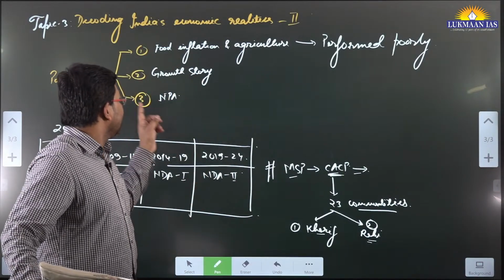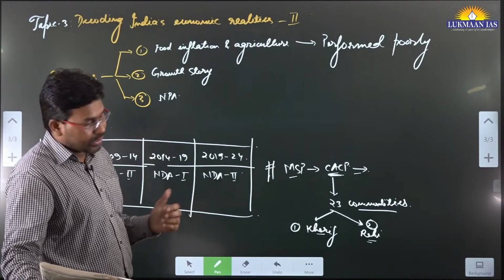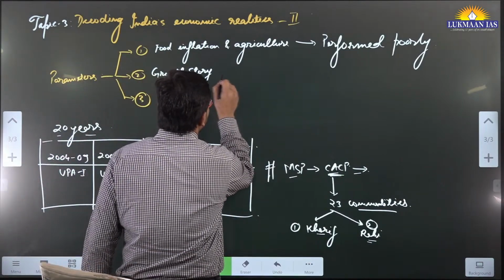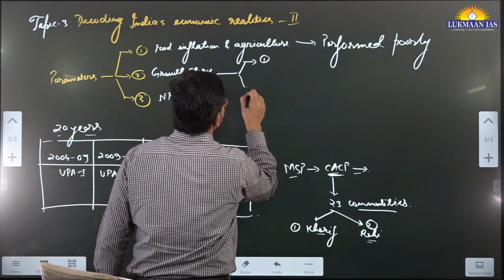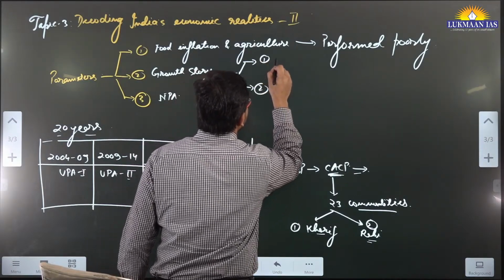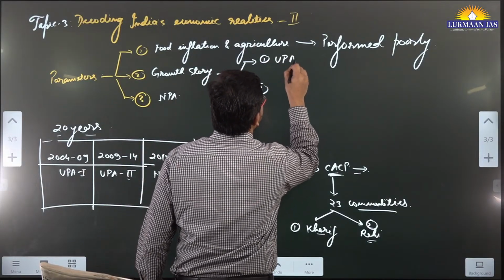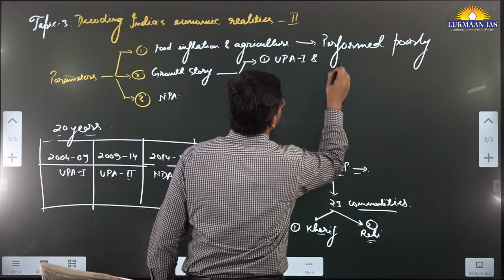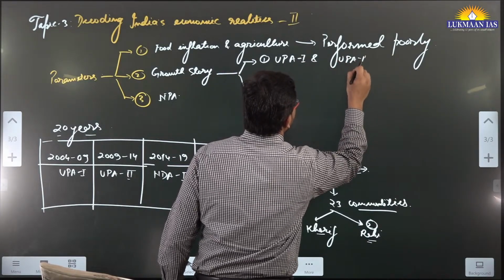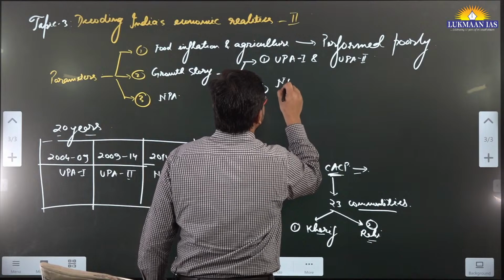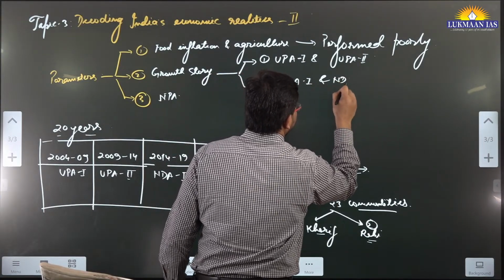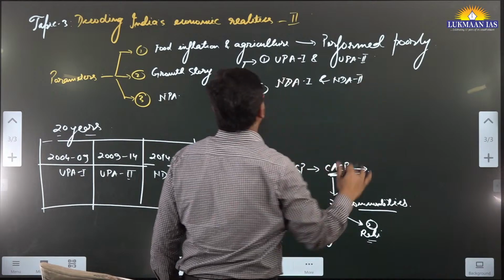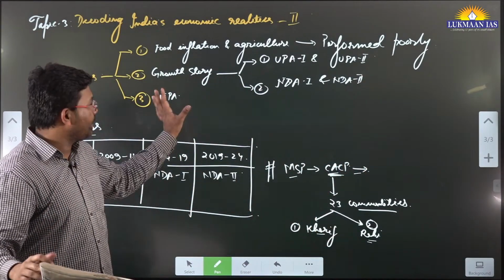Now when we talk about the growth story, there are two different stories, during the NDA tenure and during the UPA tenure. So UPA 1 and UPA 2, and NDA 1 and NDA 2. This article is written in this manner, so that's why I am explaining.